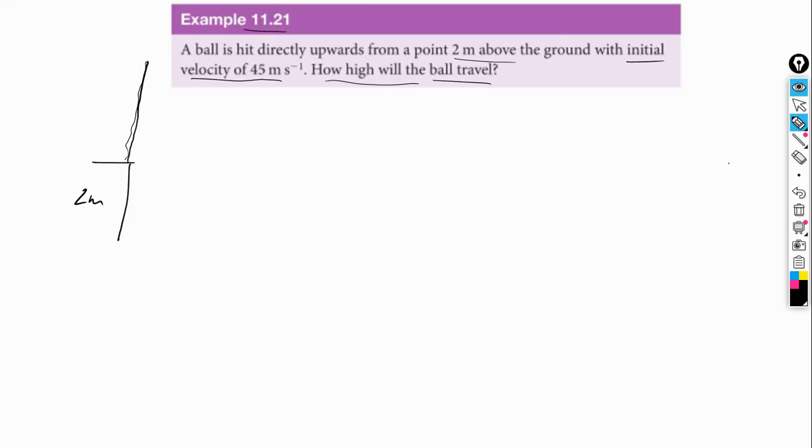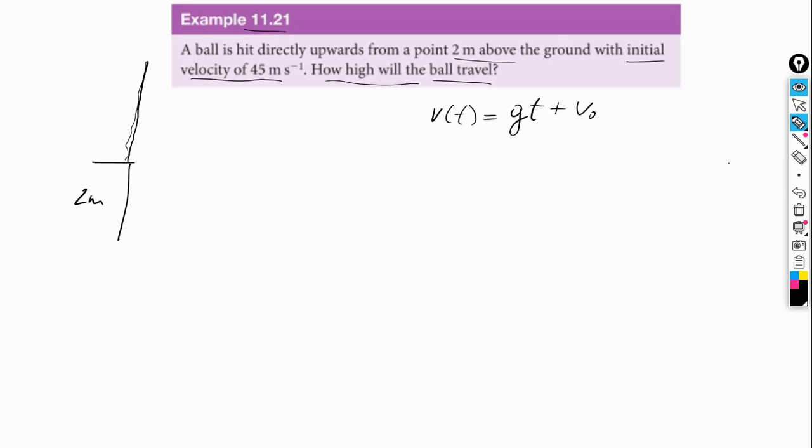Okay, so let's remember what these functions are for velocity and for position, because we're going to need both of them in this case. Velocity as a function of time is equal to acceleration, which in this case would be gravity, so gravity times time plus initial velocity.